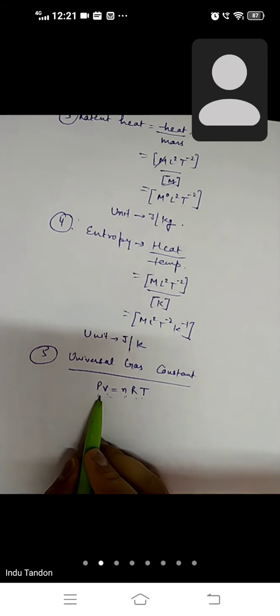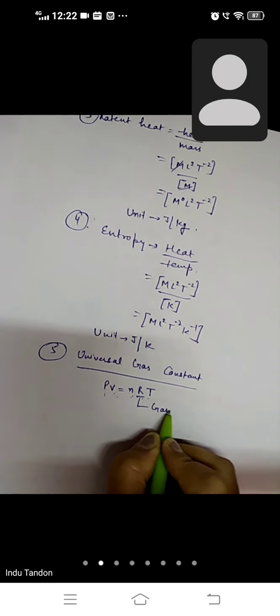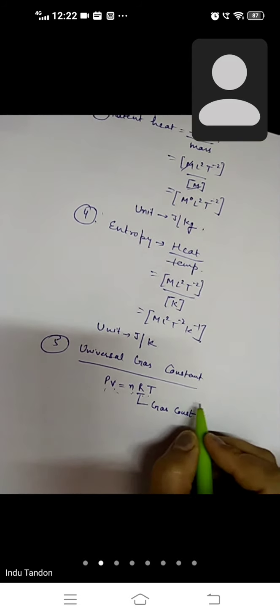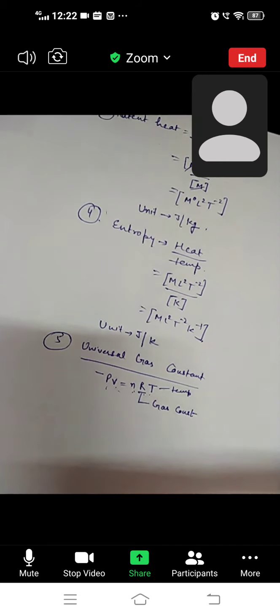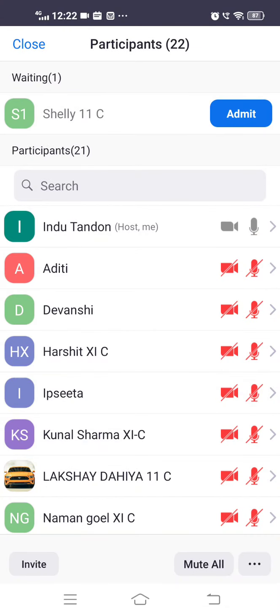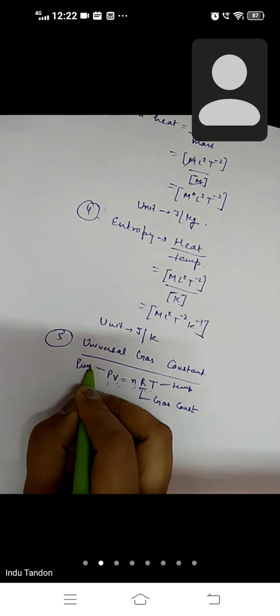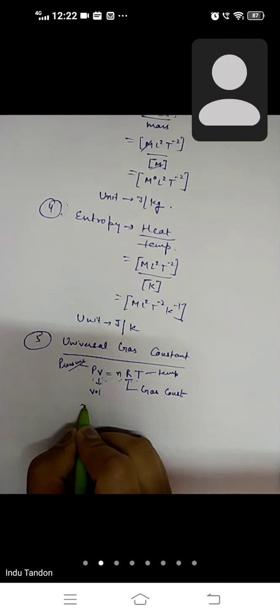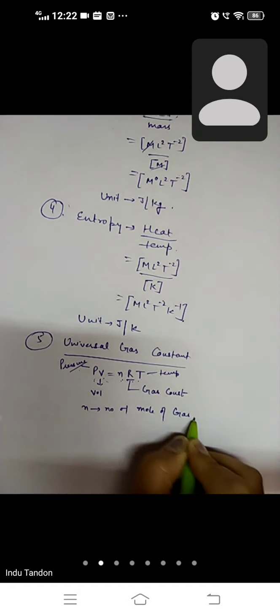Write it down. P is pressure, V is volume, R is gas constant, T is temperature, and n is the number of moles of gas.